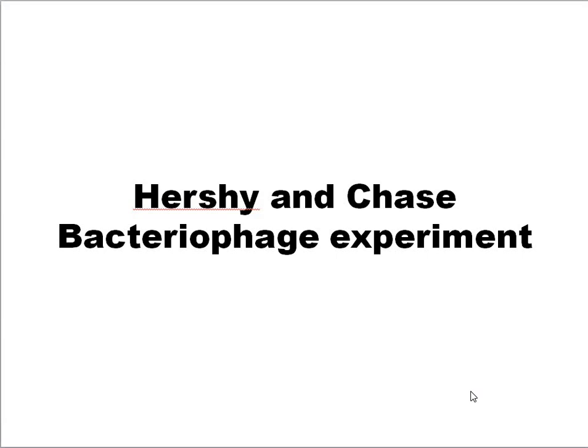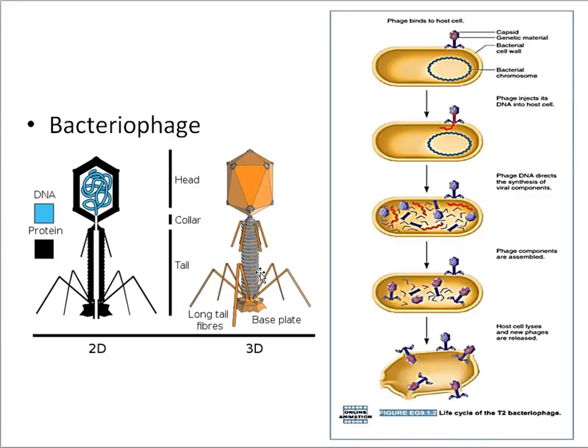There was still another experiment, by Hershey and Chase, which is called the Hershey and Chase bacteriophage experiment, which was again a support to the fact that DNA is the genetic material and it is not the protein which is the genetic material. In this experiment, Hershey and Chase used T2 bacteriophage.